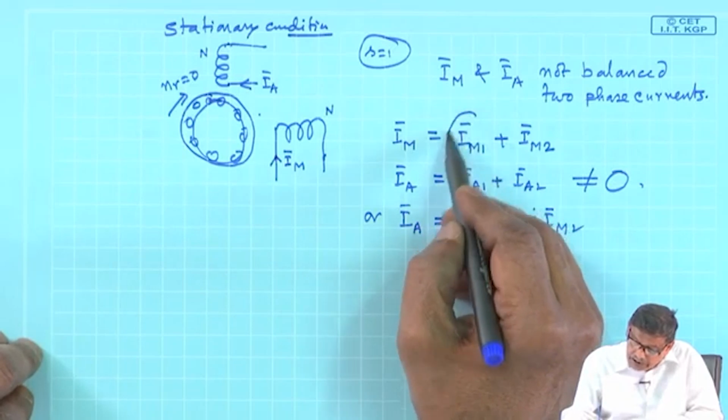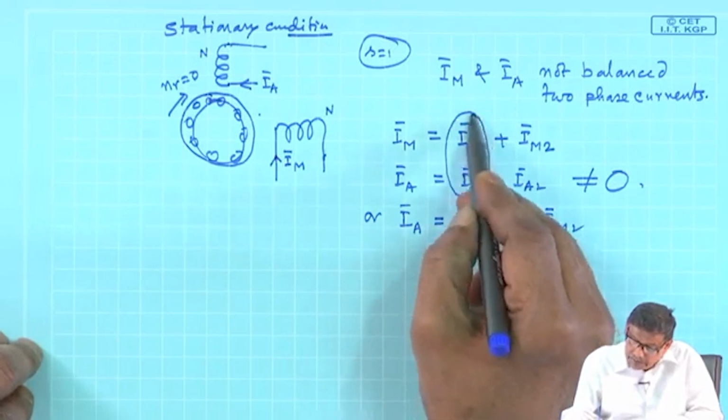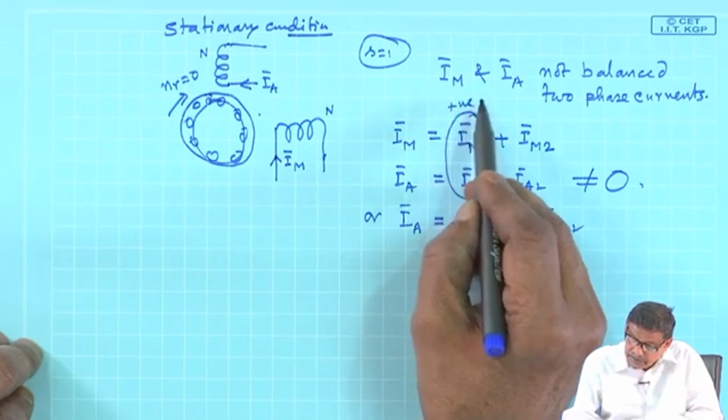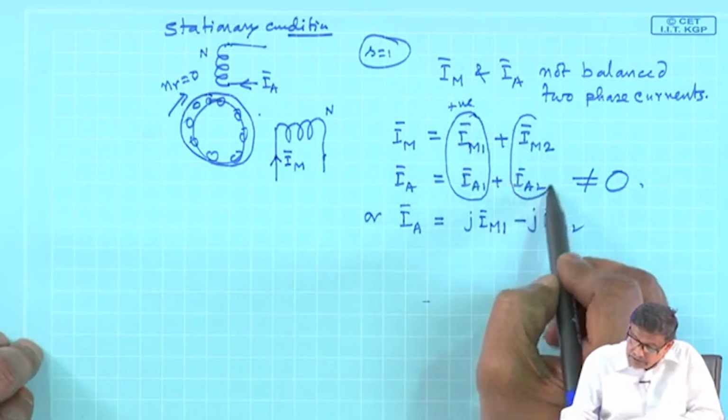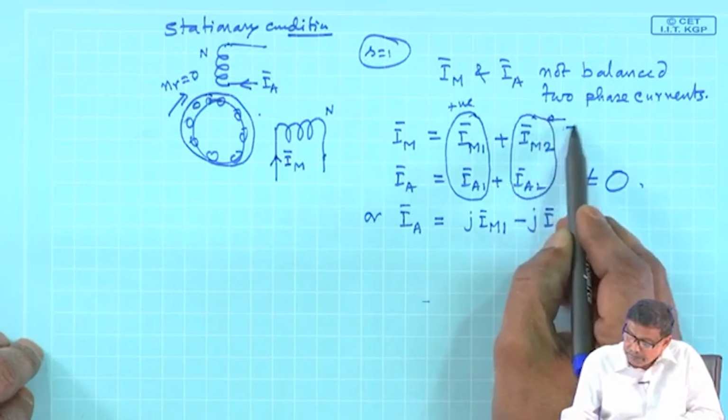I bar M 1 and I bar A 1 is a positive sequence, balanced system. This is negative sequence, balanced system.